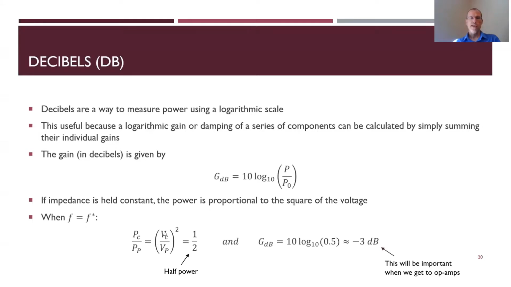Because that has a factor of 1 over square root of 2, when I square it, I just get a half. So at f equals f star, I'm at half power essentially. In terms of decibels, half power, 0.5, is approximately -3. So the -3 decibel point you see a lot, because that's where half power is. And that should be important when we get to op amps in a few weeks.